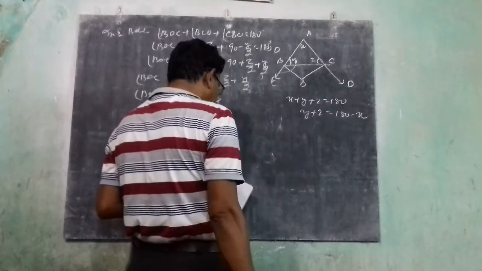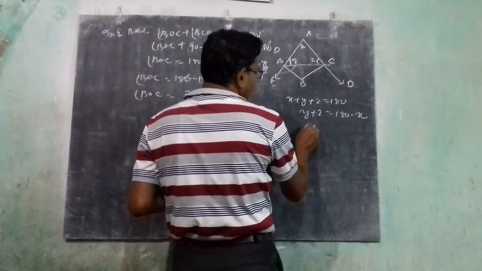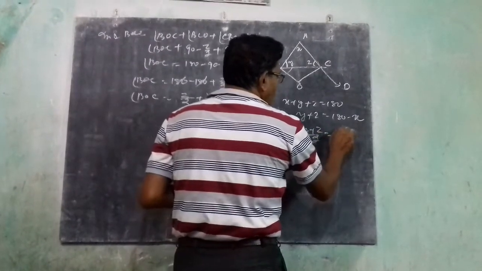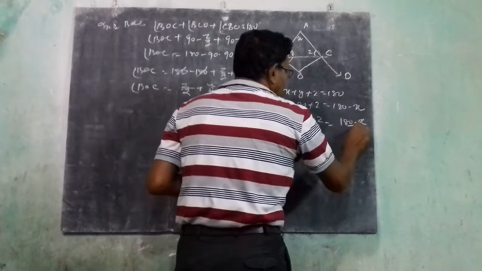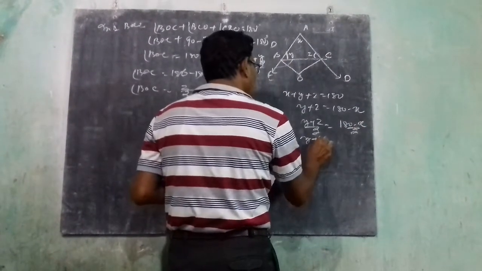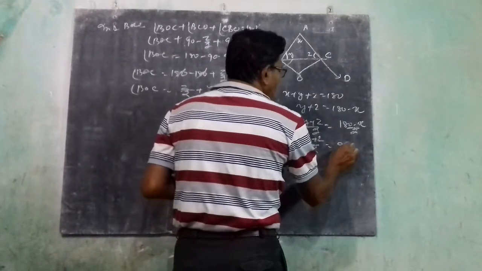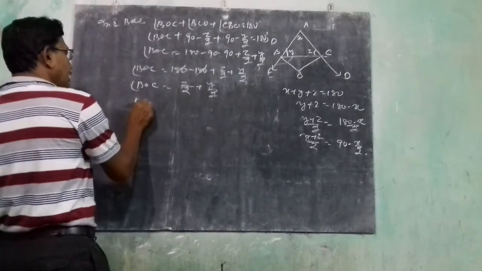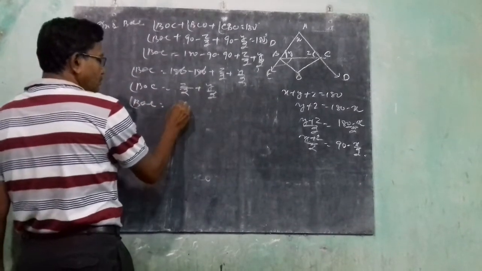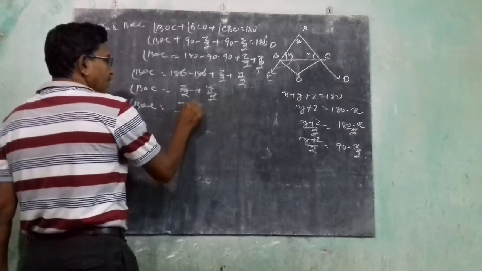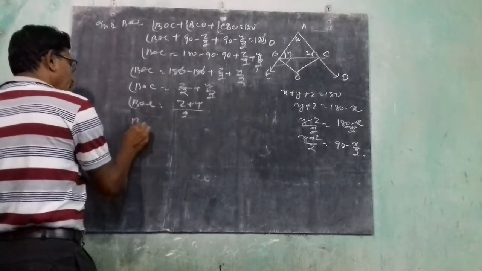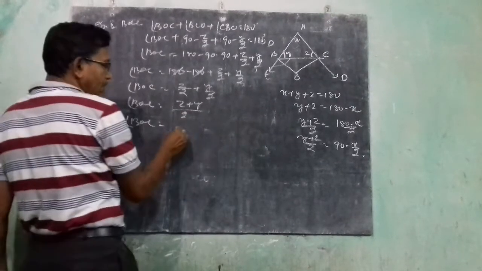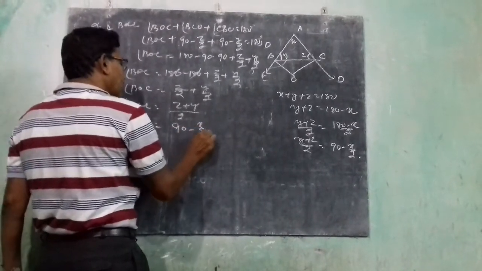Dividing by 2, y plus z by 2 equals 90 minus x by 2.